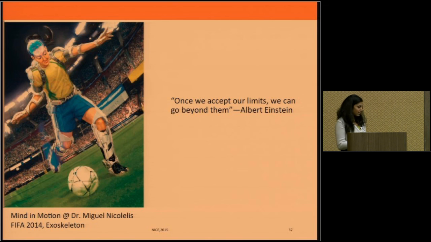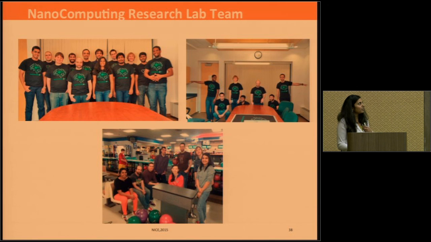That's the first phase, and we are at a stage where we identify a lot of limitations of the hardware. Probably a lot of you might have seen this from Dr. Nicolelis's group, so the future looks bright. And these are the students who helped design these things, and I thank my sponsors.